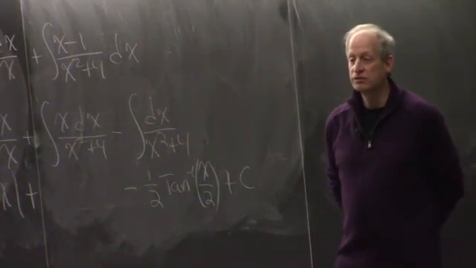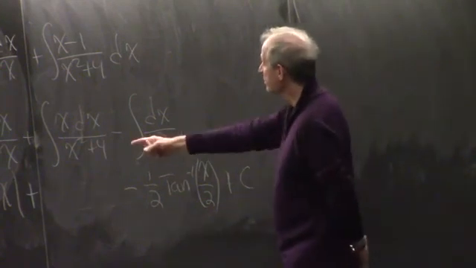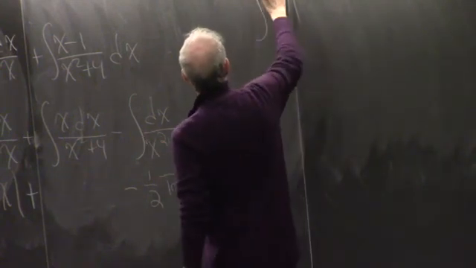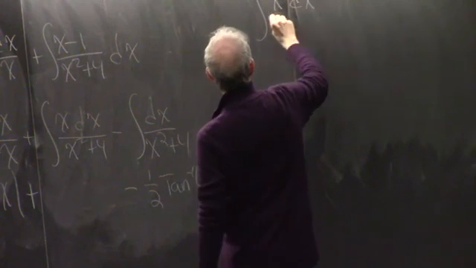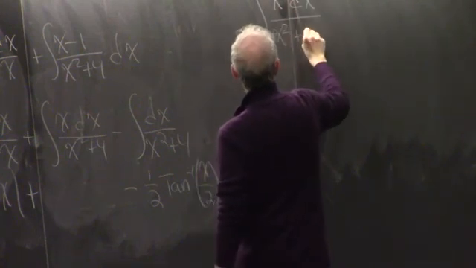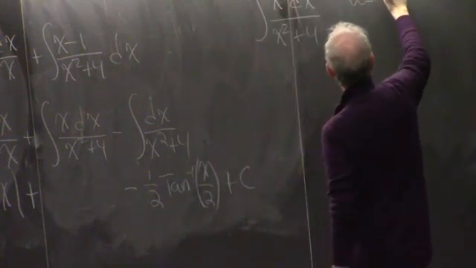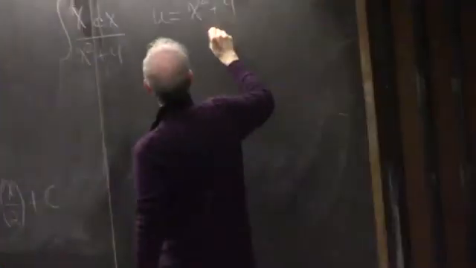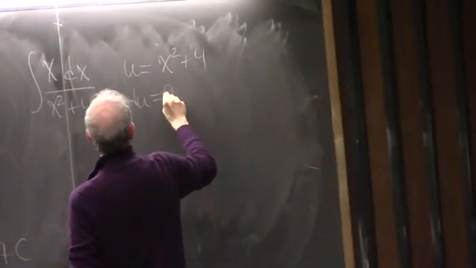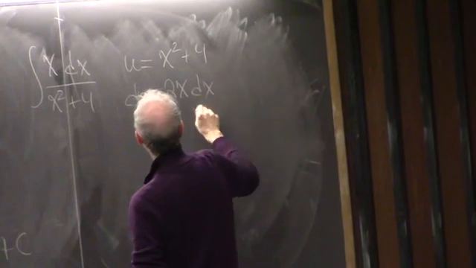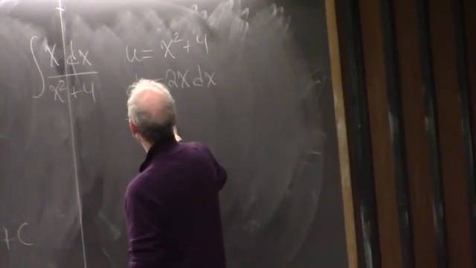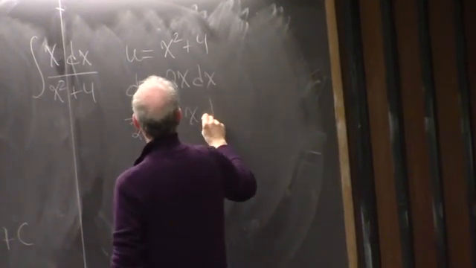So far, so good? Now we just have to do the middle integral, the integral of x dx over (x^2 + 4). Do u substitution. du is 2x dx, so 1/2 du is x dx.